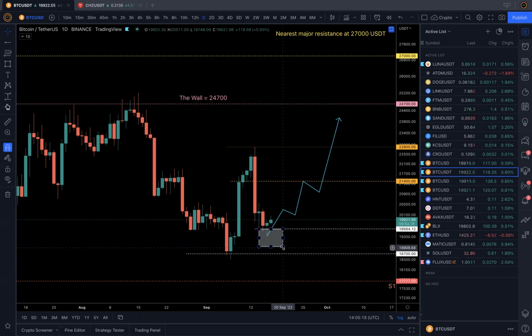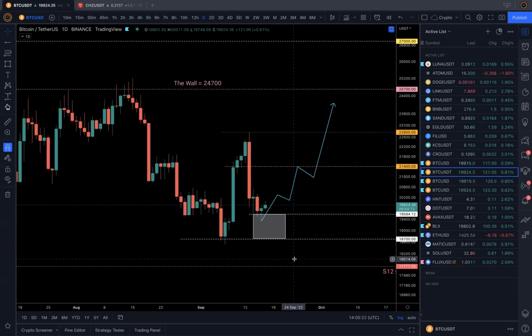When this pattern would fail, that also needs to be known. This pattern would fail if it breaks below 18,700, which is this support line. We can say if it breaks below this particular September 7th low, closes below, not just a spike.